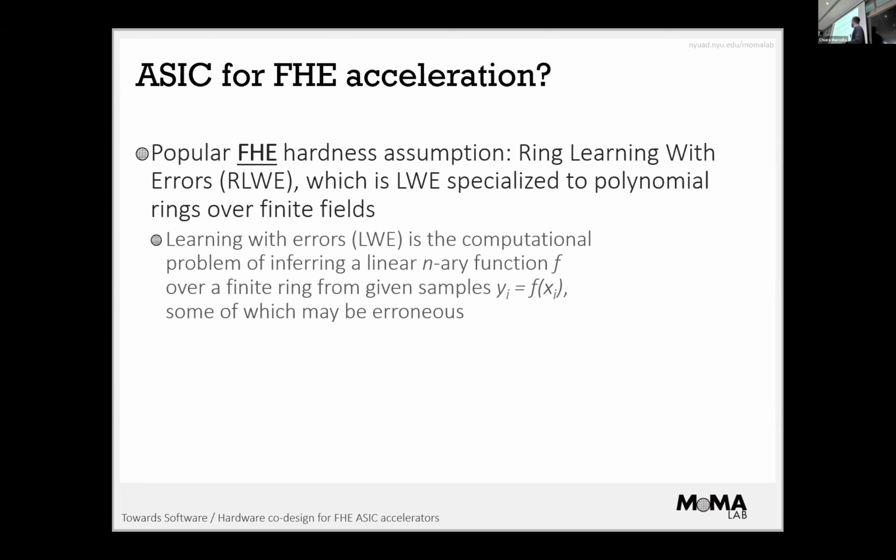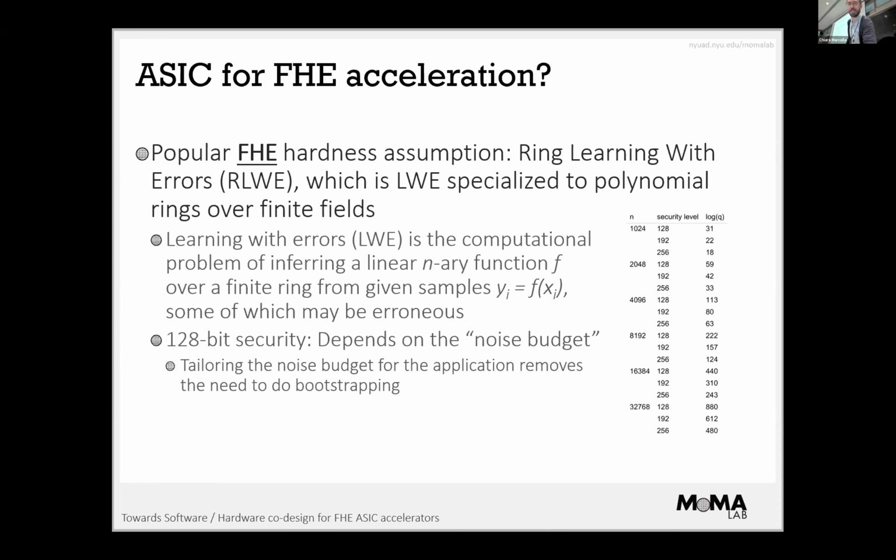And a polynomial in a ring, and the typical sizes of the polynomials depend on two things: the security level you want and the noise budget you need. Those two factors define how big your polynomial should be. And for the size of the polynomial, there are two things: one is the degree, and one is the coefficient size.